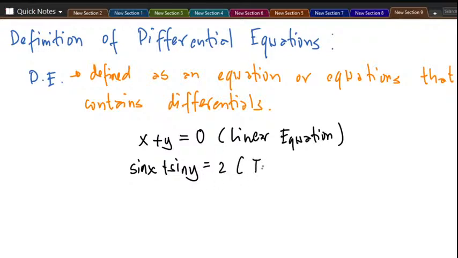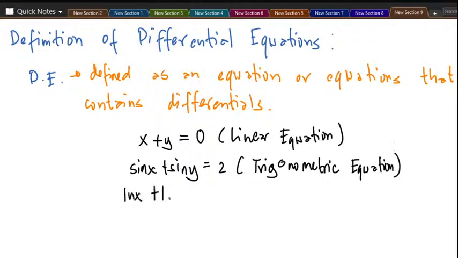So this is a trigonometric equation. Then we can have also ln x plus ln y is equal to 7. So this is a logarithmic equation.